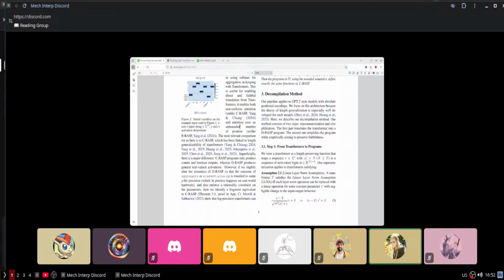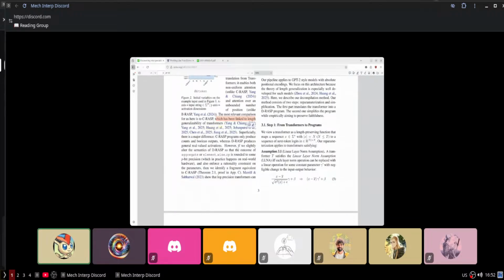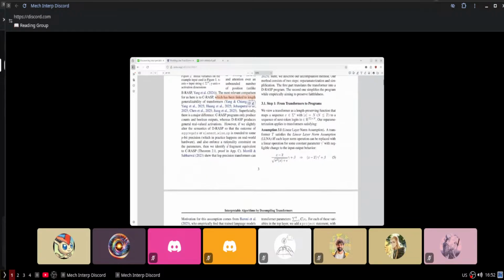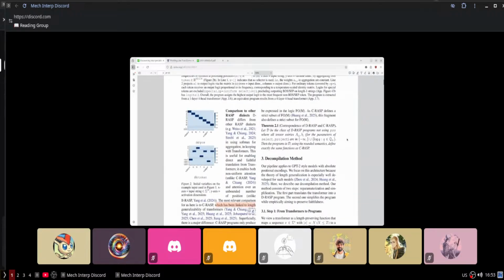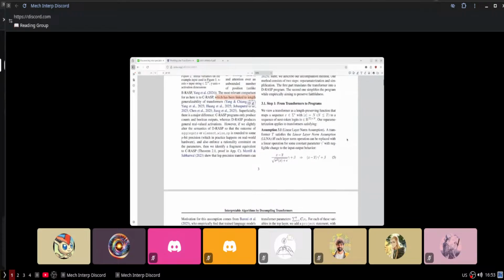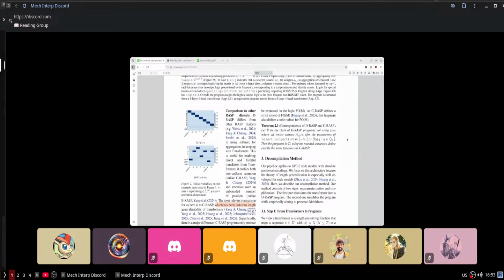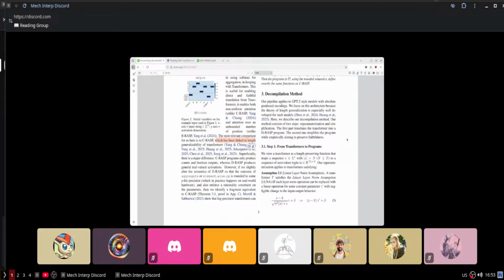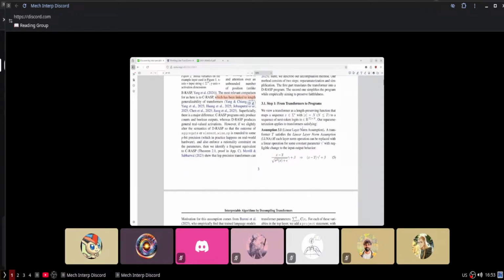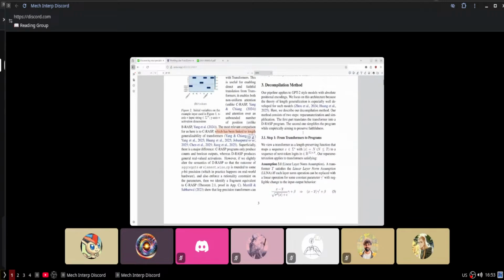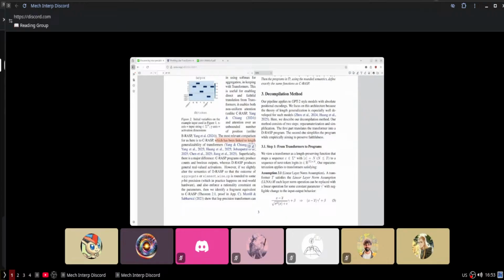Right, so there are a bunch of RASP variants. Okay, the comparative machine.